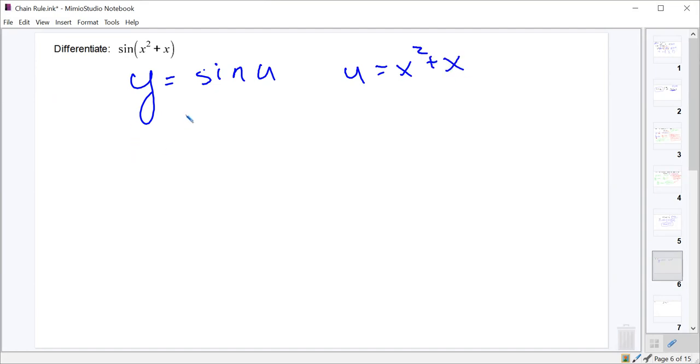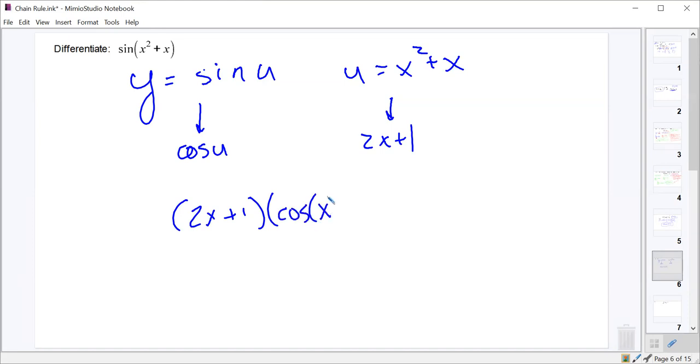So our derivative should be dy du, which is cosine u, times du dx, which is 2x plus 1, so 2x plus 1 times the cosine of x squared plus x. Good or no?